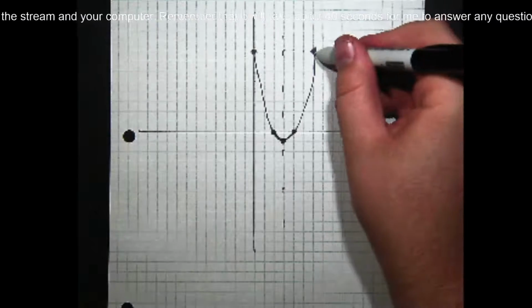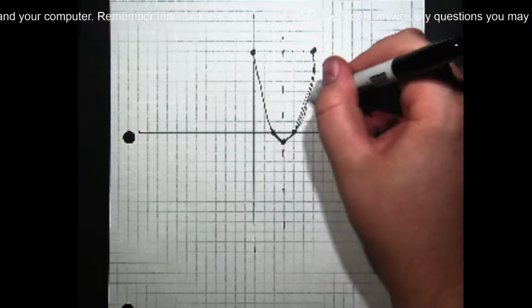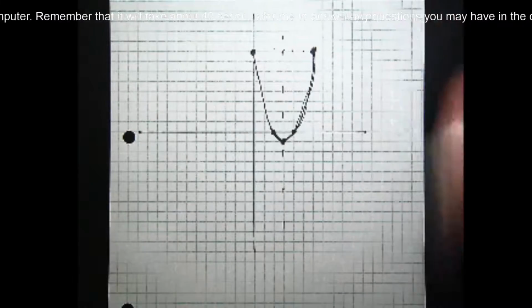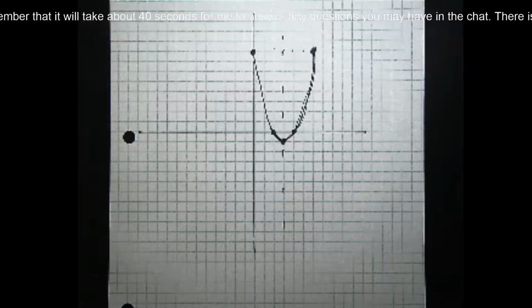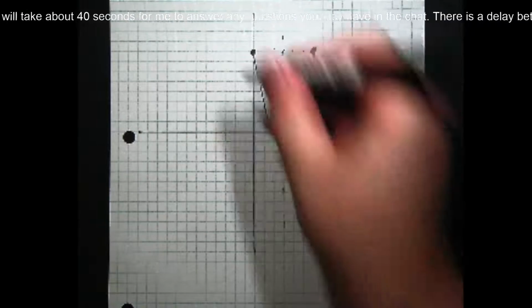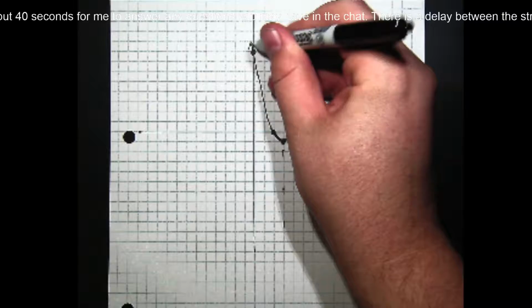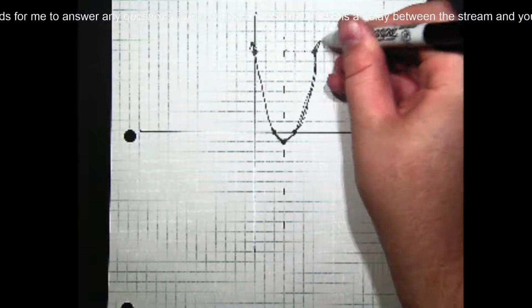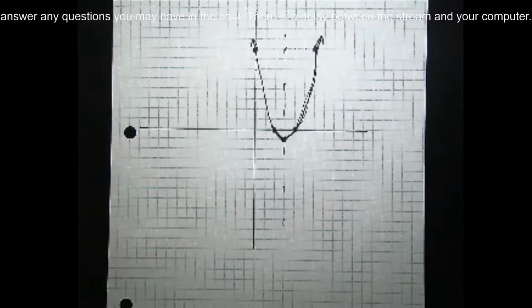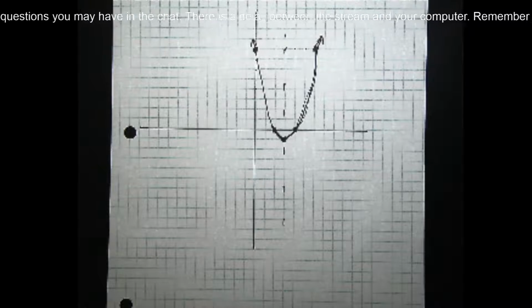Not a very good curve, but you get the picture. And so here's our problem. Now it doesn't stop there. It keeps on going past these points here, but this is really all we need to get a visual of what our function's like.